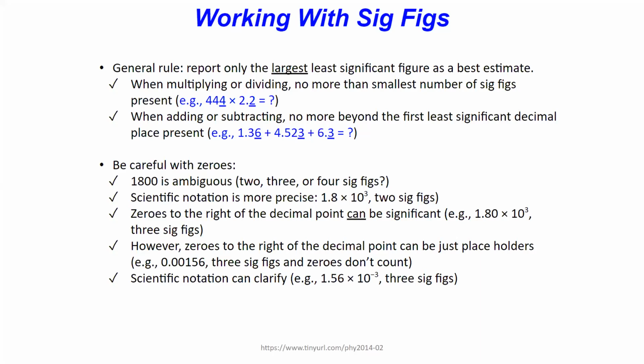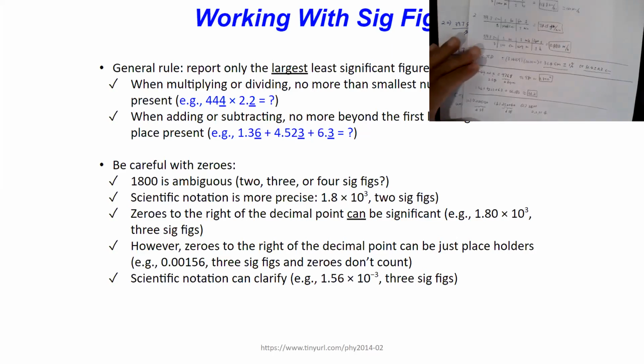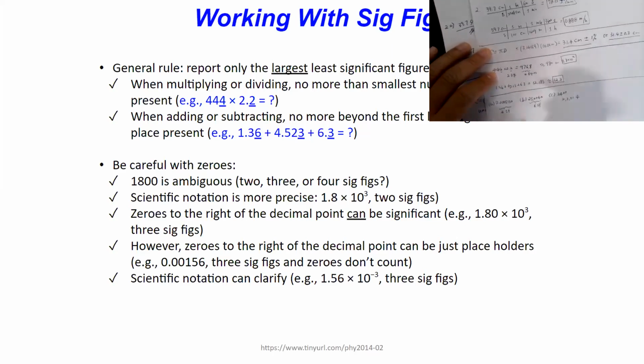Let me put the camera on my paper here for you guys online to see this. So when you are doing this multiplication, 976.8, you only need 2 sig figs, so 980.